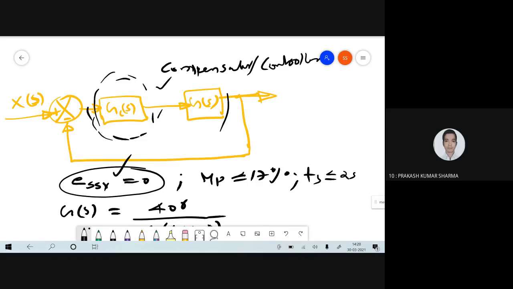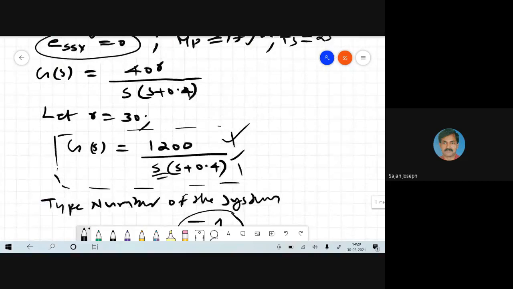The path which contains the controller and the plant, that is the feed forward path, and this one is the feedback path. Okay, therefore the feed forward path transfer function is equal to G(s) into Gc(s).